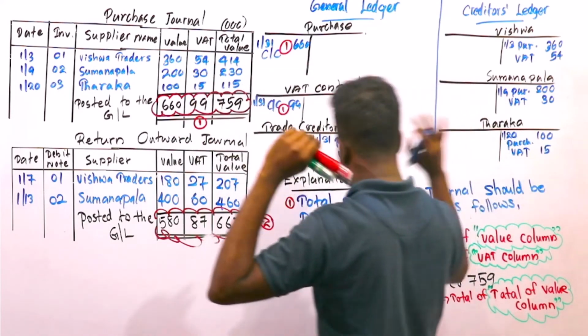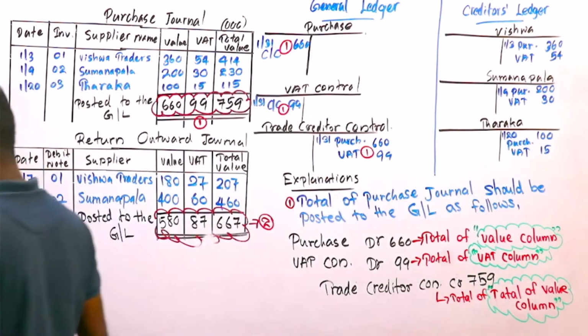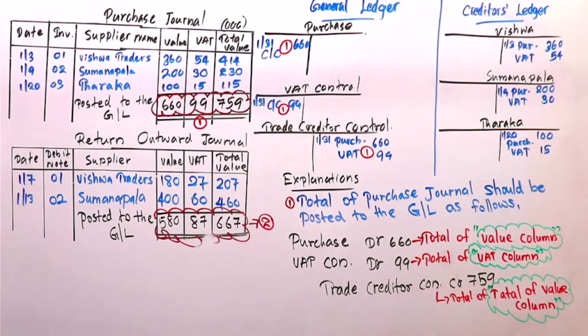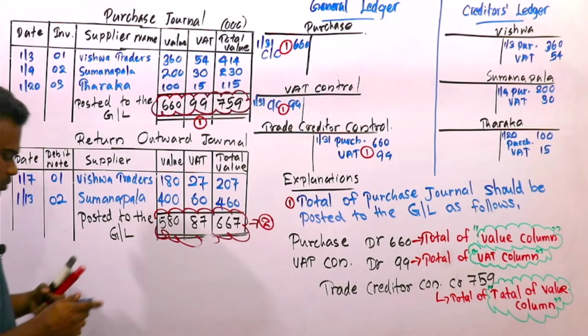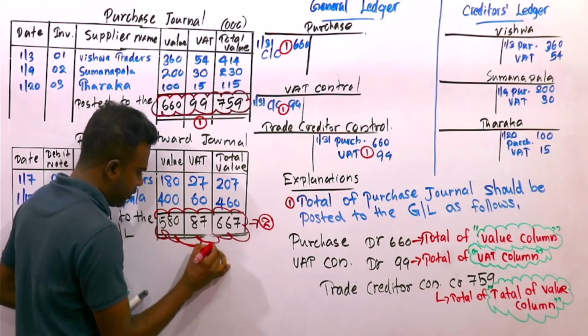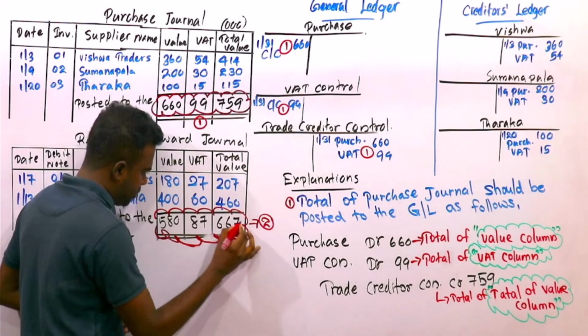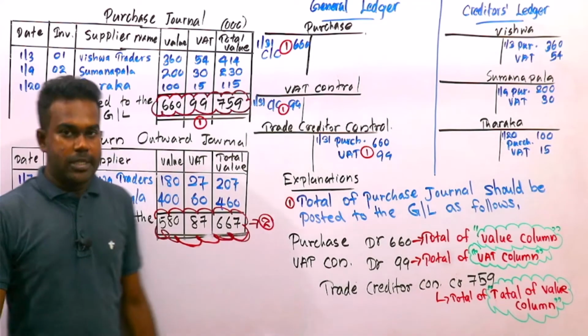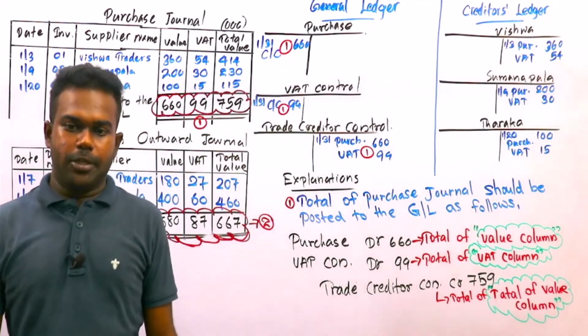Only single entries, no double entries in private accounts. Right. Can you tell me, did you understand how to post it to the general ledger?